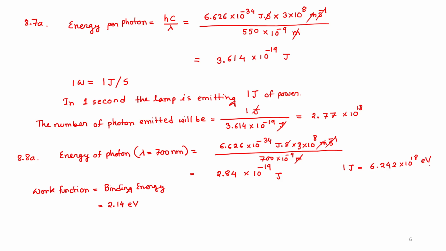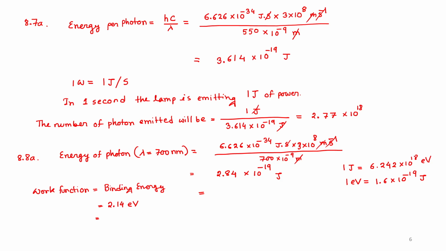And if someone wants to know the opposite, obviously they can take the inverse of it. 1 electron volt is, as we often know, 1.6 into 10 to the power minus 19 joules, right? Maybe better to convert it into joules, right?